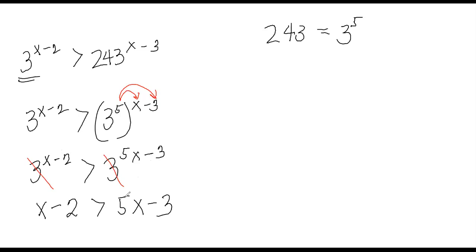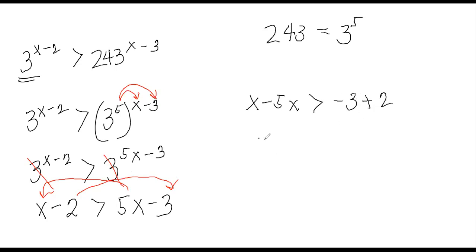Put like terms on the same side of the inequality. So, let's move 5x, and move the 2 to the other side. So, we have x minus 5x is greater than negative 3 plus 2. So, that would give us negative 4x is greater than negative 1.